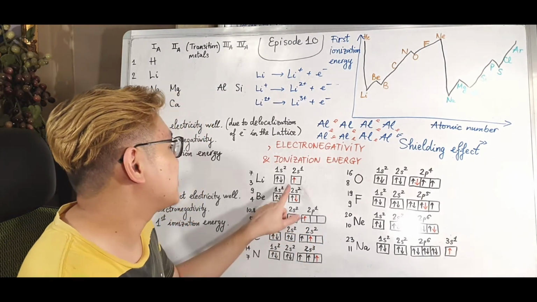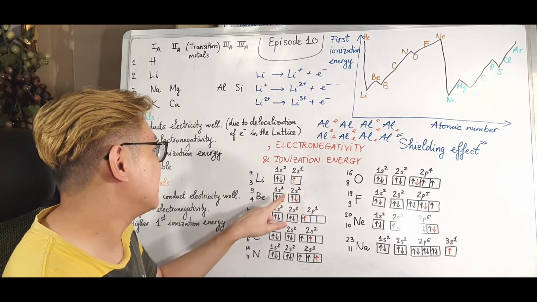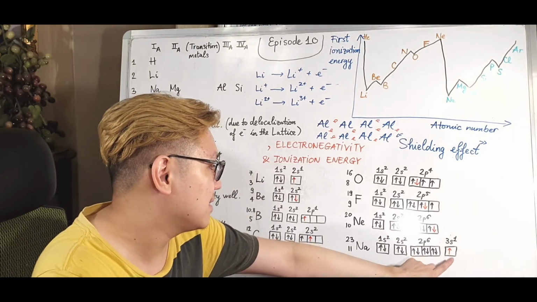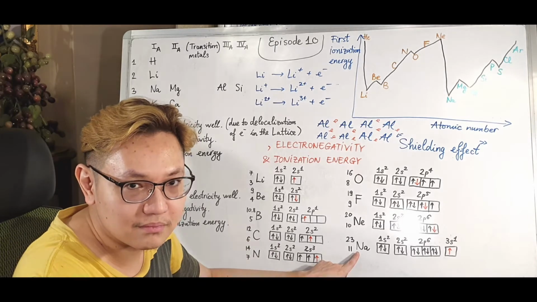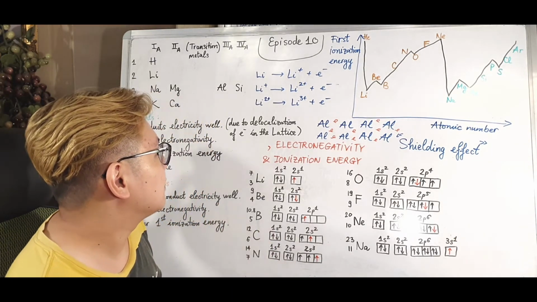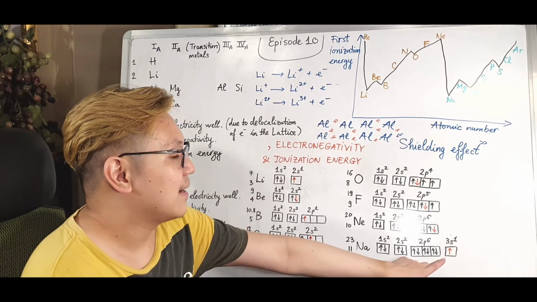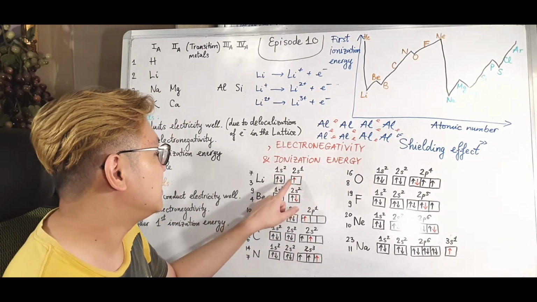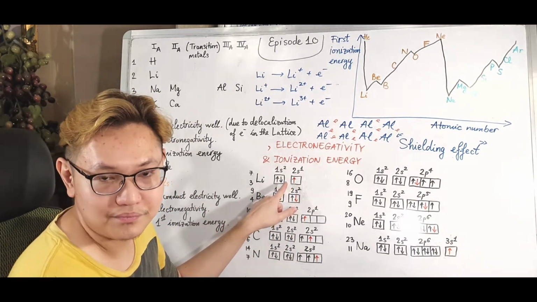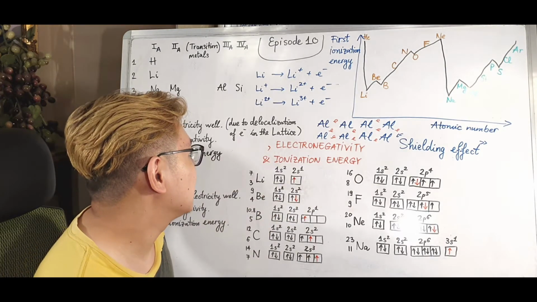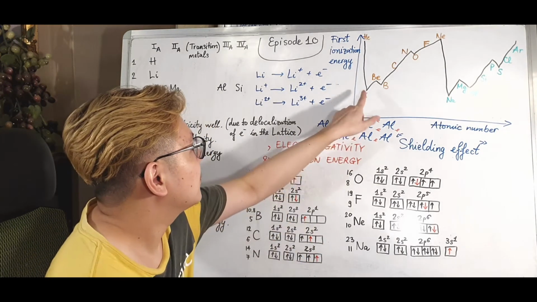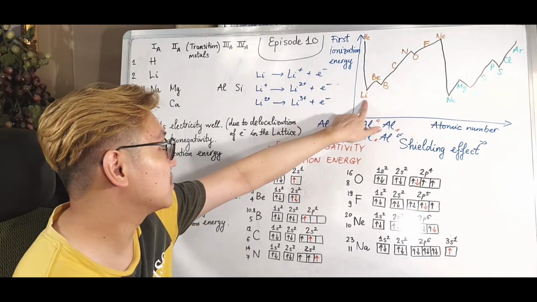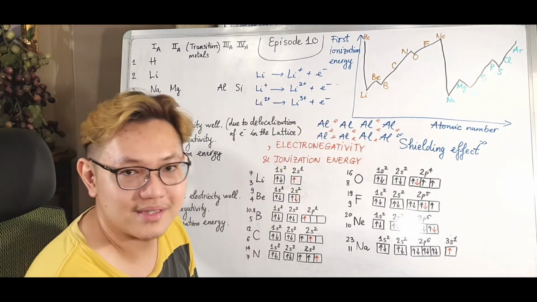So you have a stronger interaction between this electron and the nucleus of lithium compared to the interaction between this electron and the nucleus of sodium. So sodium is easier to give up this electron compared to the lithium electron, right? That is the reason why you need less energy to remove the first electron from sodium compared to the first electron of lithium. I hope that was easy to understand.